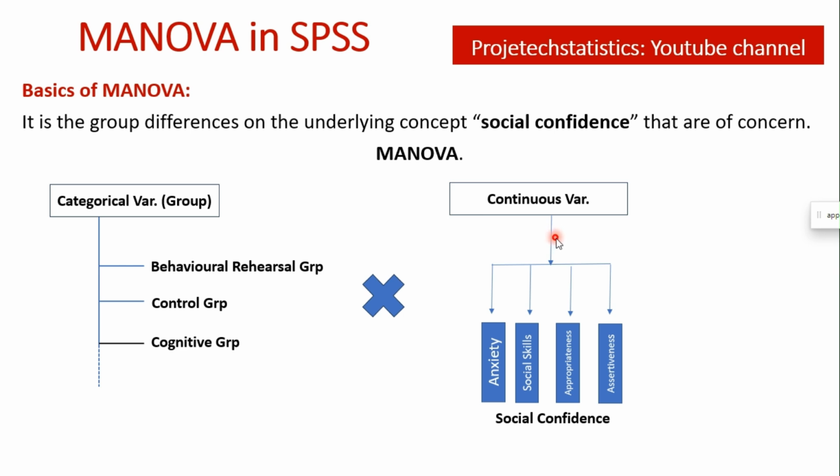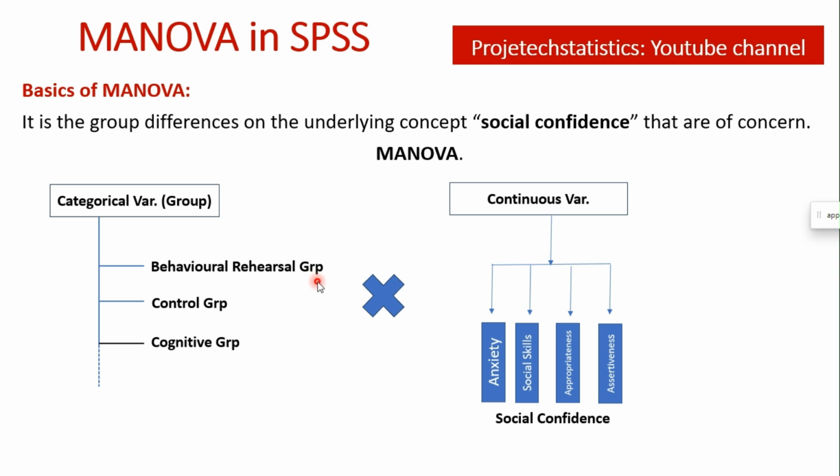But in our experiment, we used anxiety, social skills, appropriateness, and assertiveness to measure social confidence, which is the variable of interest being compared across the three different training groups: the behavioral rehearsal group, the control group, and the cognitive restructuring group. So this is how MANOVA is set up, so that you can easily get an understanding of how it is being set up.